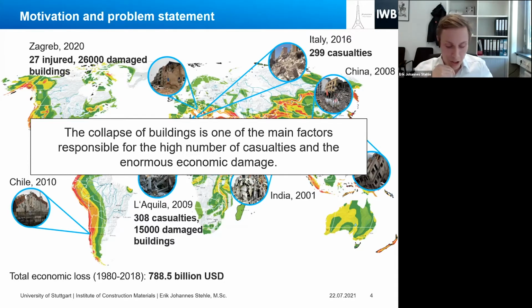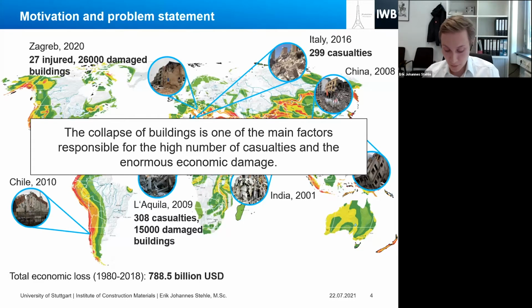And these structures are mainly reinforced concrete structures which were designed before the introduction of modern seismic codes. So basically, they were not really designed to withstand the high demands that are imposed on a structure during such a seismic event.